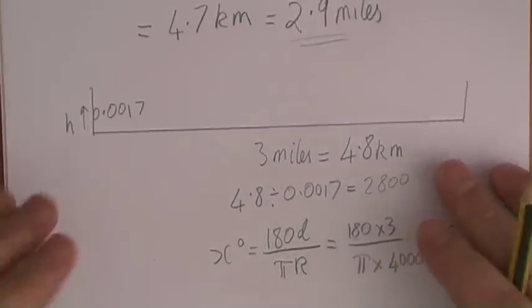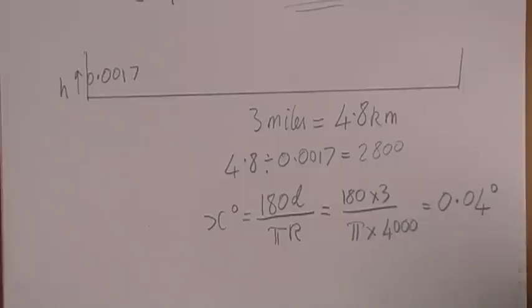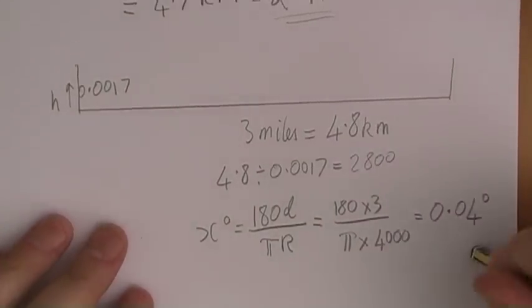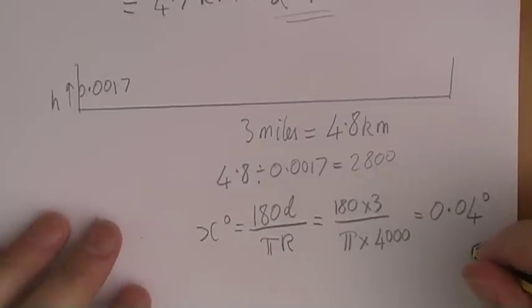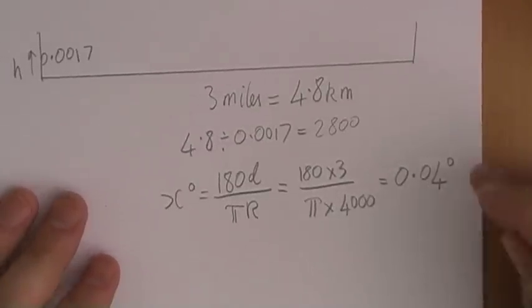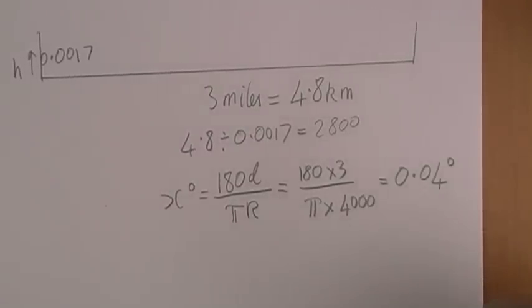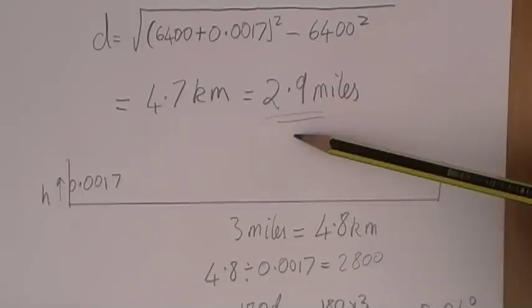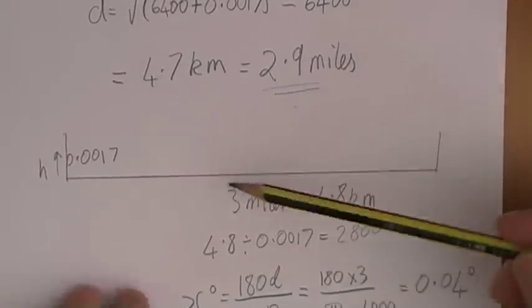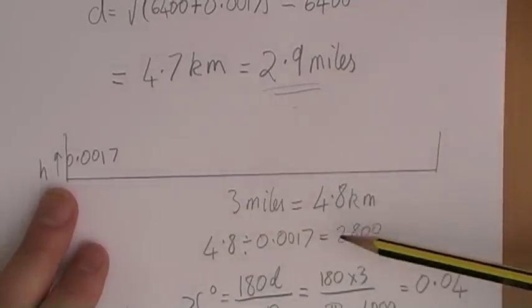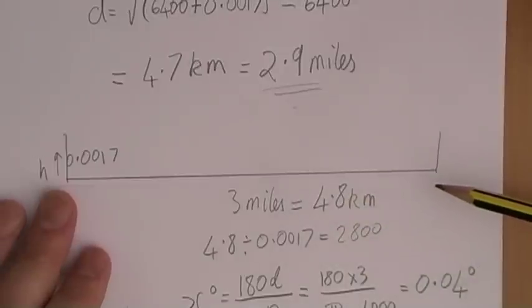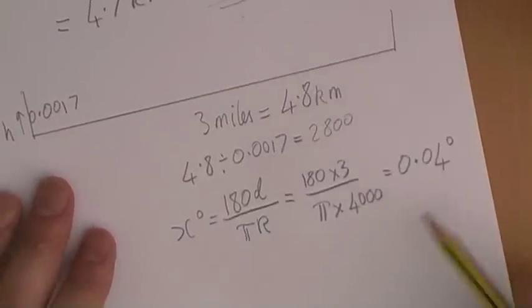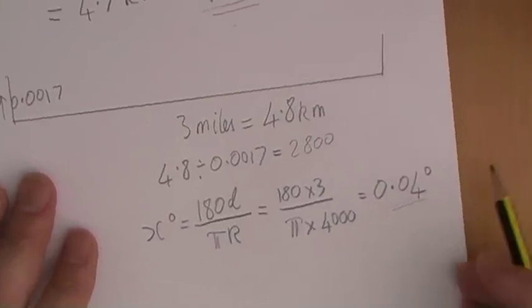So although it seems slightly counterintuitive, this is what the mathematics tells you. If you're standing on a sphere with a radius of 4,000 miles, your eyes are 1.7 meters above the sphere, you will see a horizon line about 2 miles away, and the amount that the sphere will have curved away from you over that 2.9 miles is a 20th of a degree.